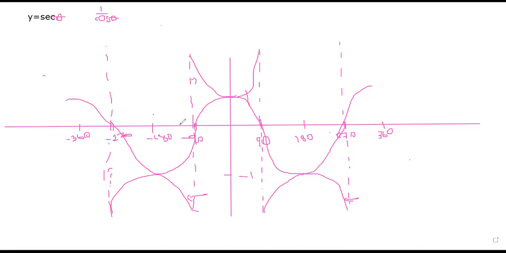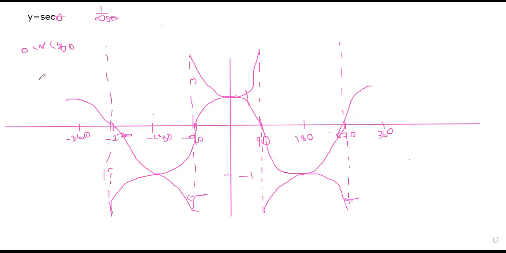In questions, they give you a range. It can be 0 to 360, it can be 0 to 540, it can be minus 360 to plus 360. So you have to expand the graph like this.